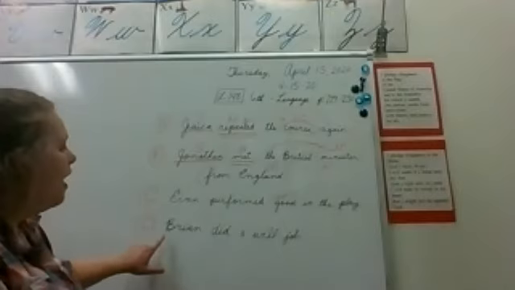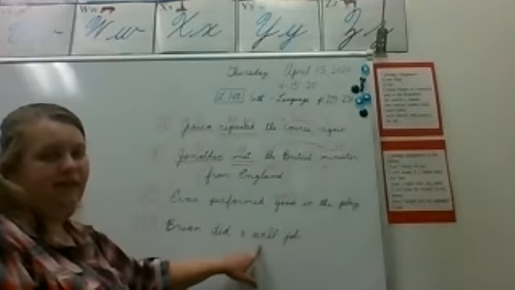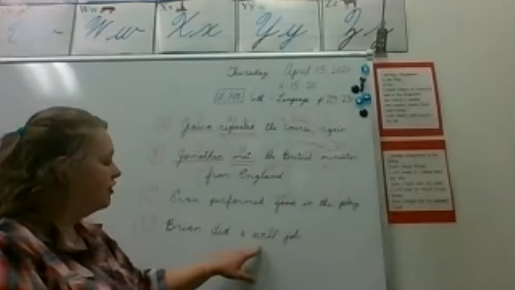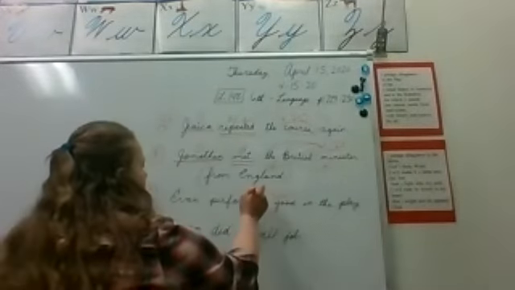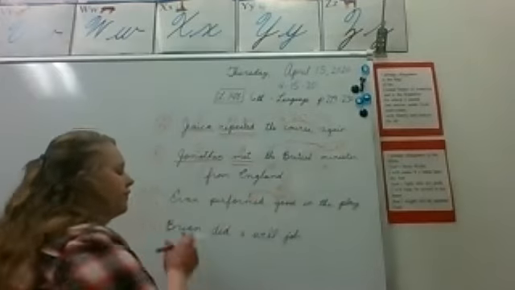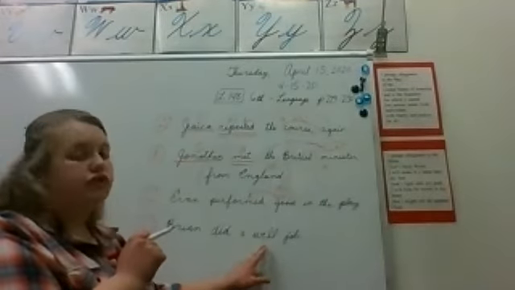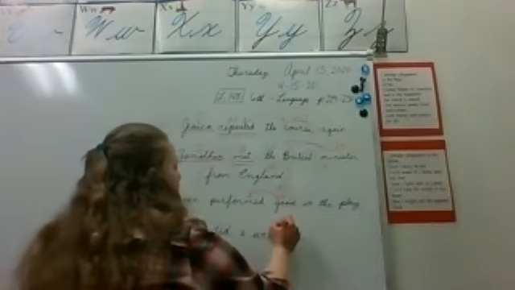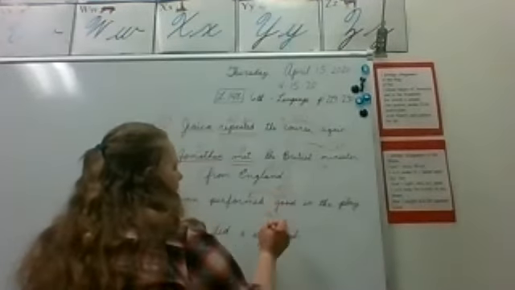So in this one, Brian did a well job. Should we use well in this sentence? Is it being used as an adjective or an adverb? Because this one went back to perform, it's being used as an adverb. But well goes to job. So it's being used as an adjective. And is well an adjective?